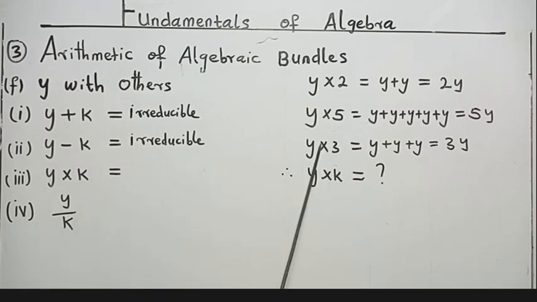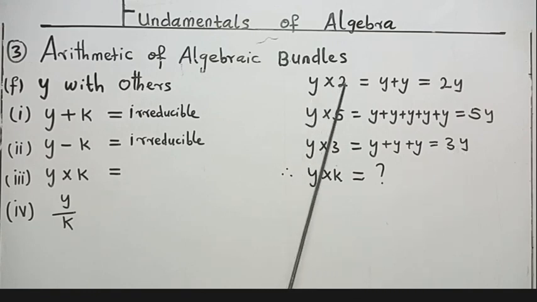Alright, what about this third one? Y times 3. Y times 3 means let y be added to itself and in the process appear 3 times. And that will be y plus y plus y. With our past subsections, you can actually conclude that the result of this number operation is 3y.